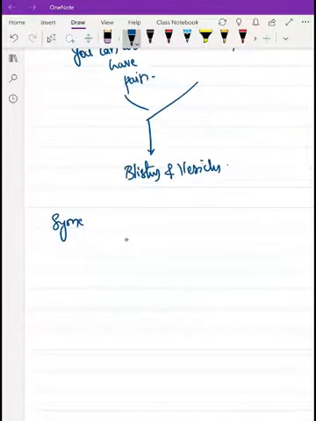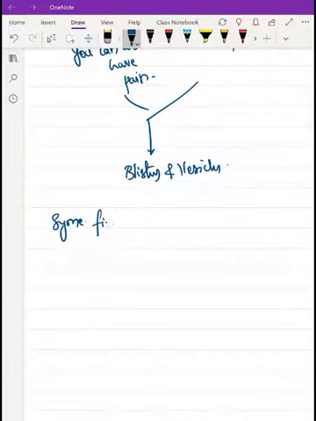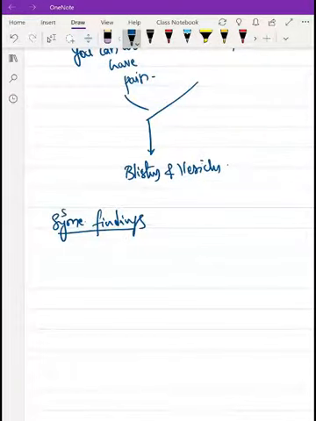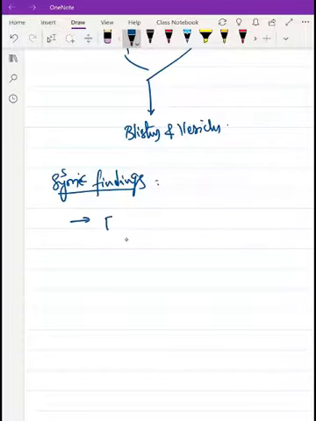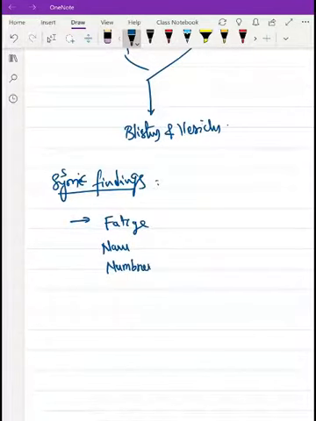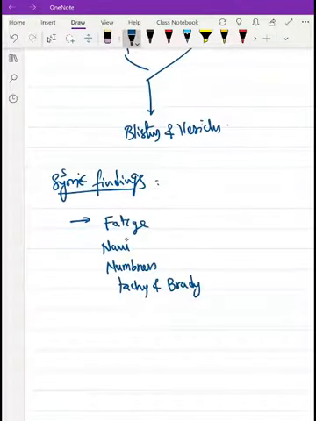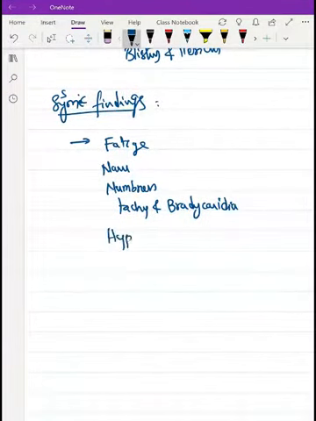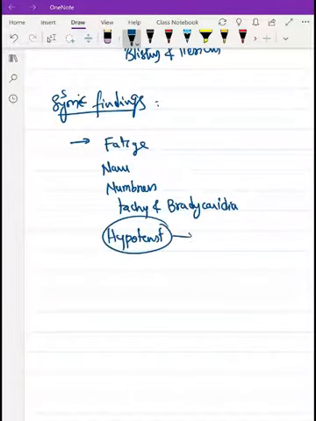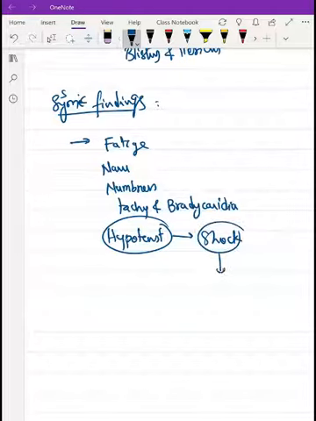Now coming to systemic findings. You will have fatigue, nausea, numbness, tachycardia, and bradycardia if the myocardium is depressed, and hypotension, which leads to shock and death.